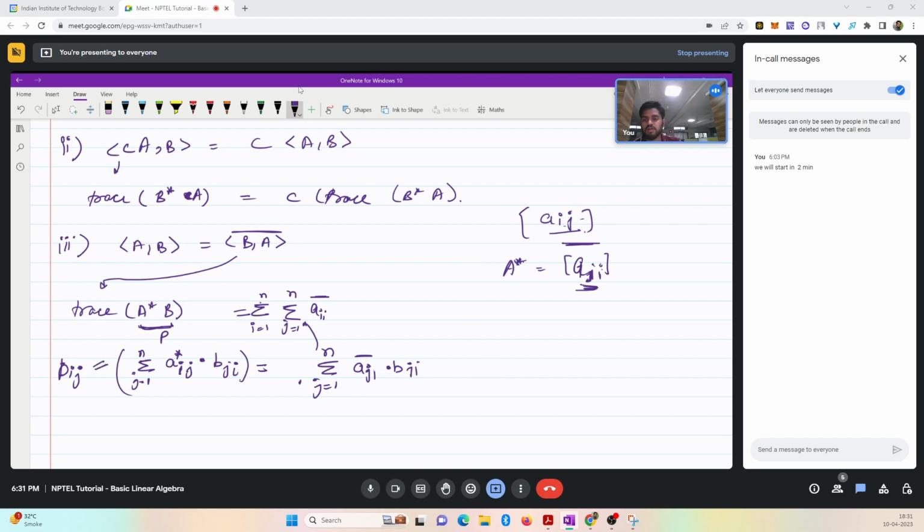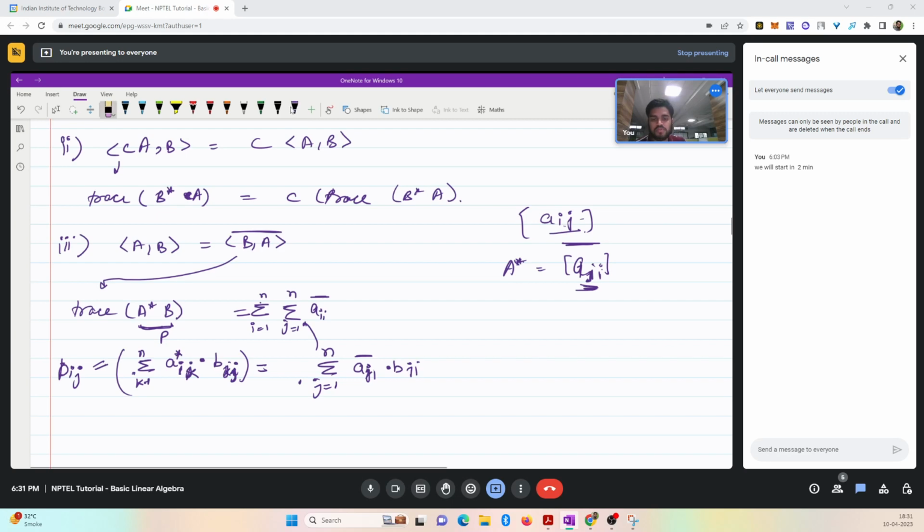I think I have made a mistake over here. I should take something as k, right? k is equal to 1, and then I should run it all over k, and I take this thing as again k and this thing as j, right? Now I think it's better.